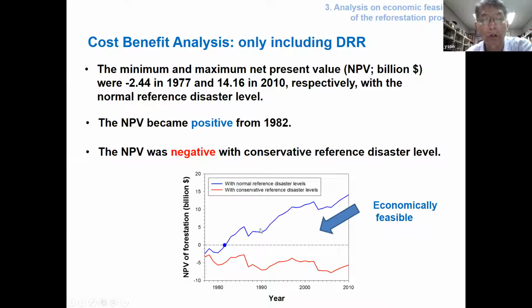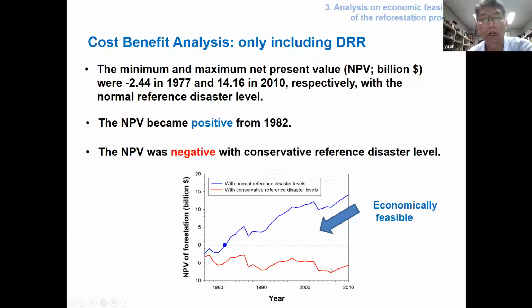So the figure shows net present value of forestation with the DRR. When we use normal reference level, it increases very sharply after 1982, something like that. However, when we use conservative reference disaster level, still it's minus.